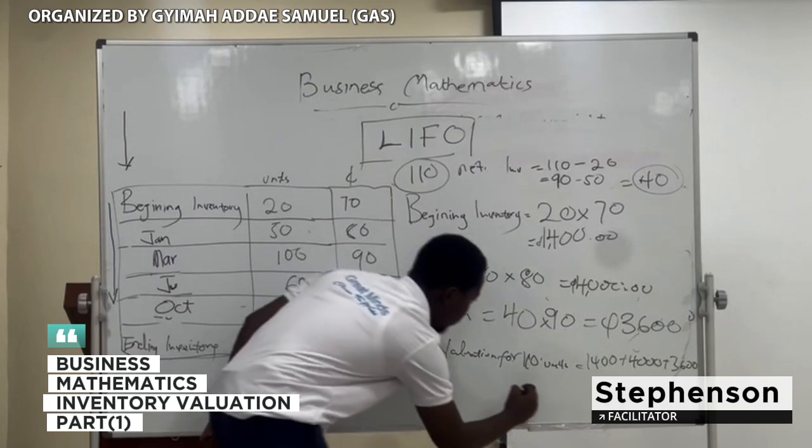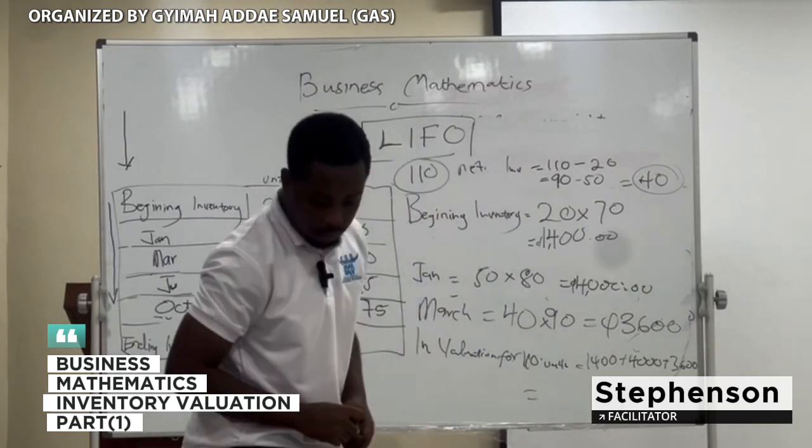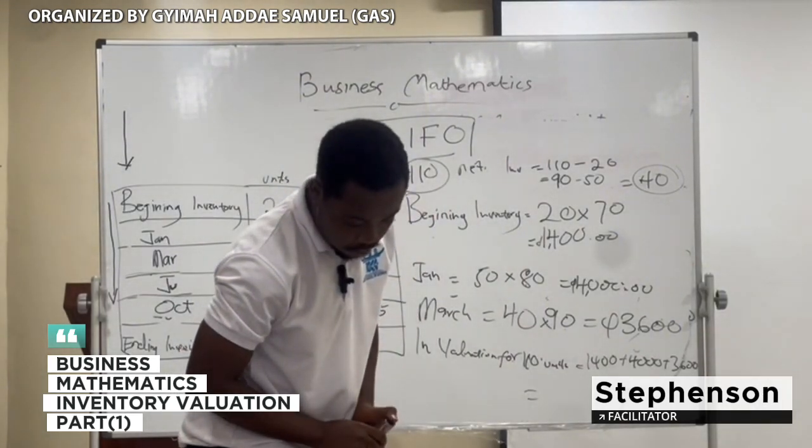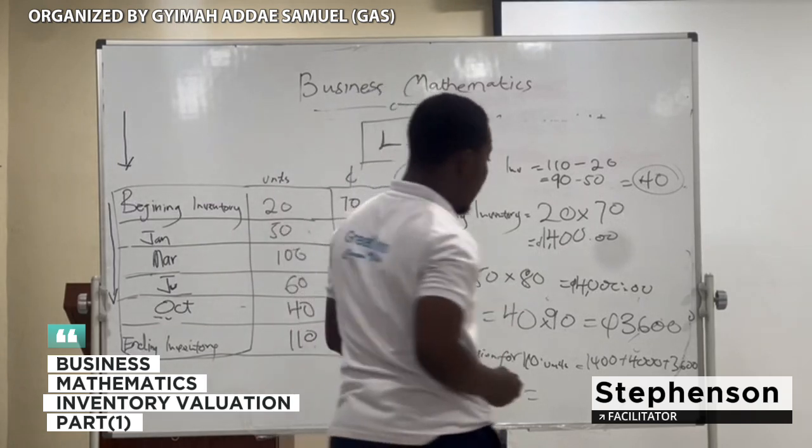What are we getting? We are getting 9,000. Okay.